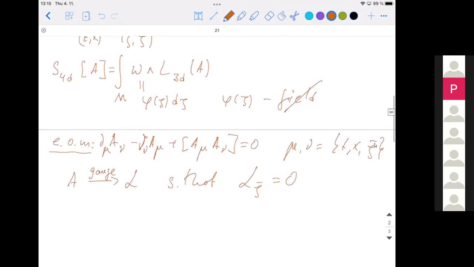Well, no. Because phi does not depend on A, so it does not get into this equation of motion part. Well, we will see it clearly when we just go with.